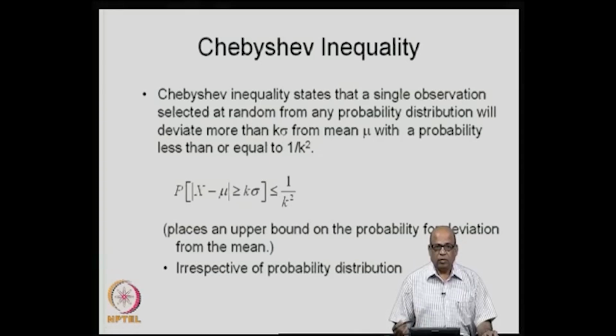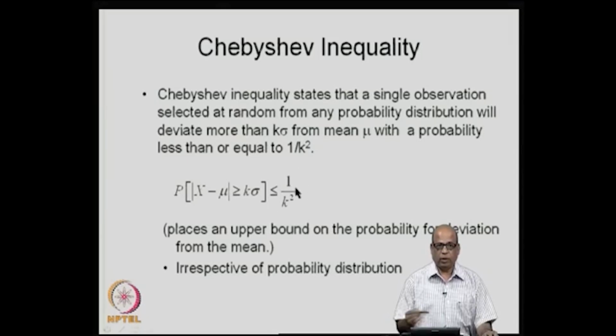Remember, this result is irrespective of the probability distribution, and therefore it becomes handy when we want to place upper bounds on the probability of this particular deviation. For example, you are talking about the stream flow and you have the mean value, you do not have the information on the probability distribution, and you would be interested in the probability that the stream flow will deviate from the mean by 1 sigma, 2 sigma and so on, and you will be interested in the maximum probability.